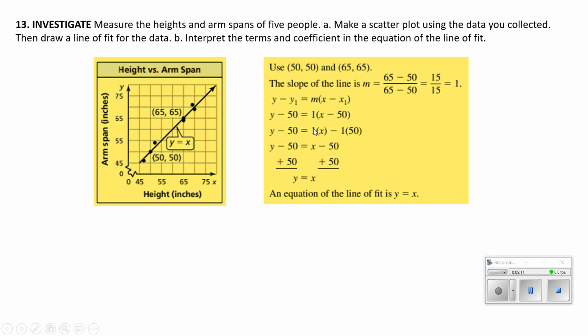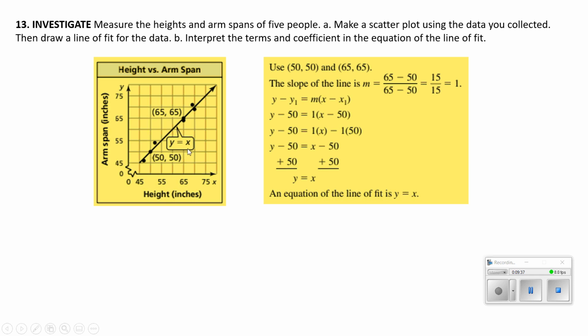We know this because 1 times x is 1x, and negative 1 times 50 is negative 50. Now I'm going to add 50 to both sides to isolate my variables, and we see now we have y equals x. An equation of the line of fit is y equals x. That's it.